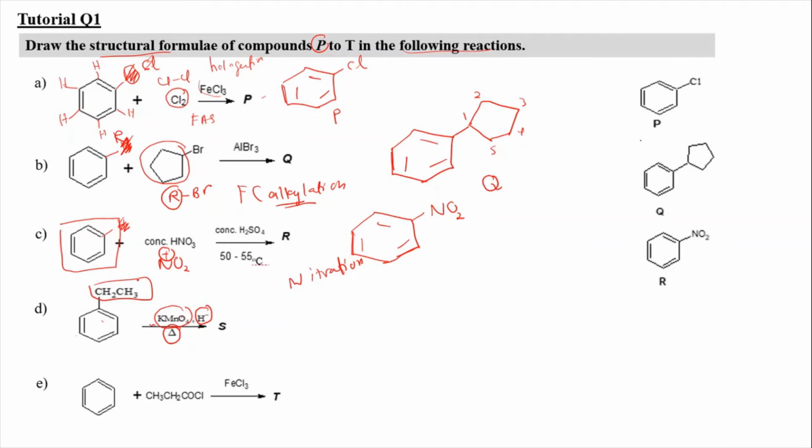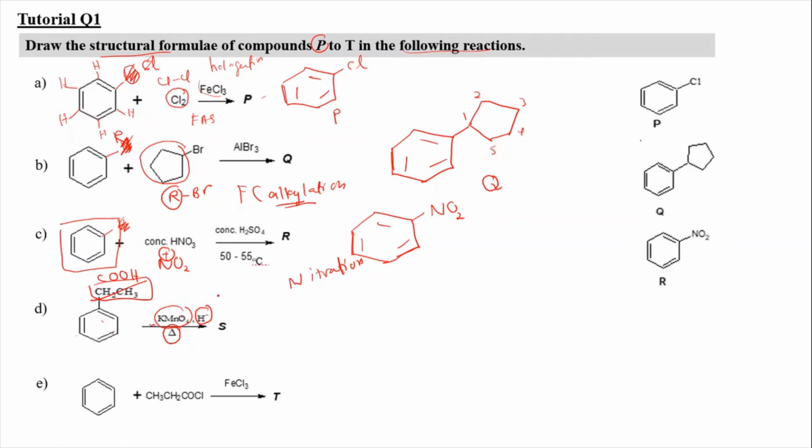Okay, dia hanya berlaku di luar benzene ring. So regardless of the length of the carbon, only one product is formed. So tak kisahlah macam mana carbon chain itu sekalipun, bila dia menjalankan oxidation with KMnO4 at high temperature and acidic condition, this is going to be oxidized to form carboxylic acid.